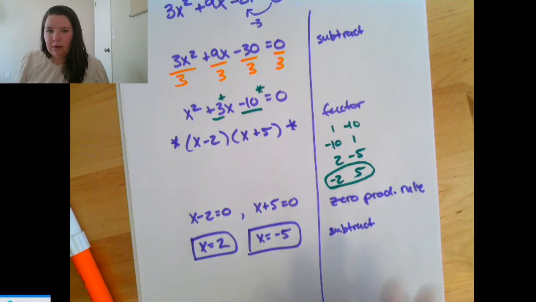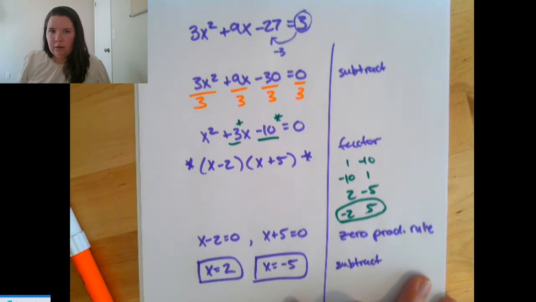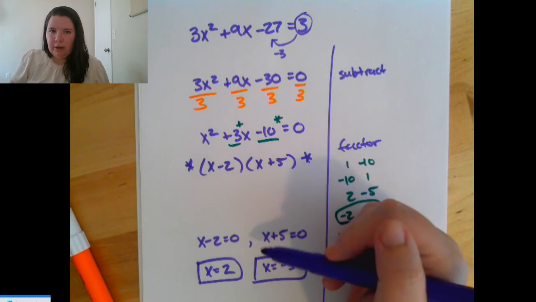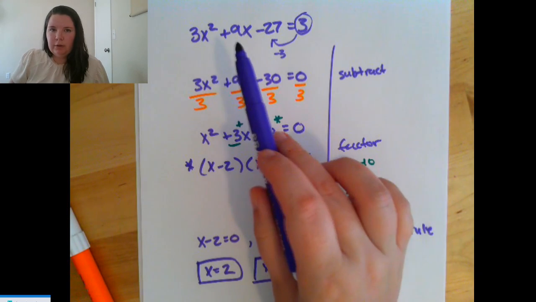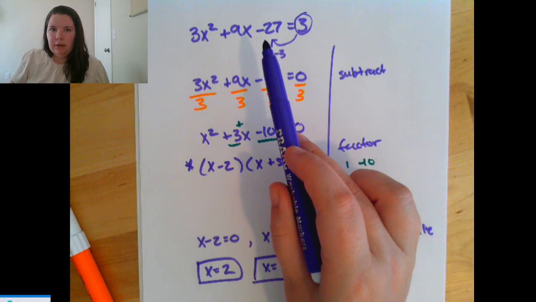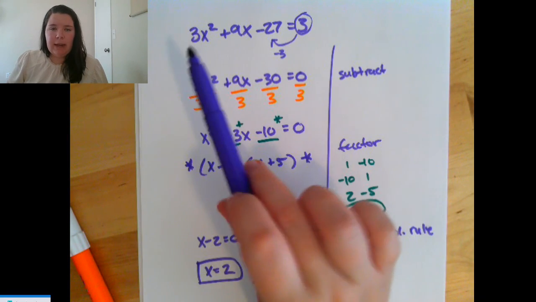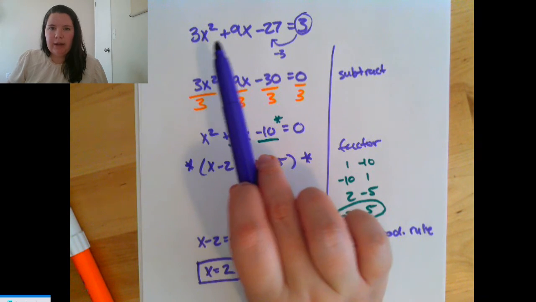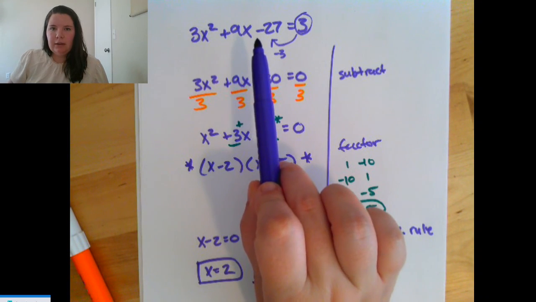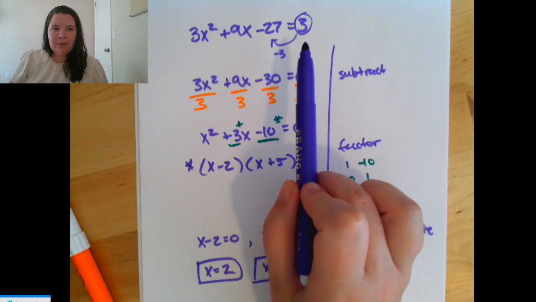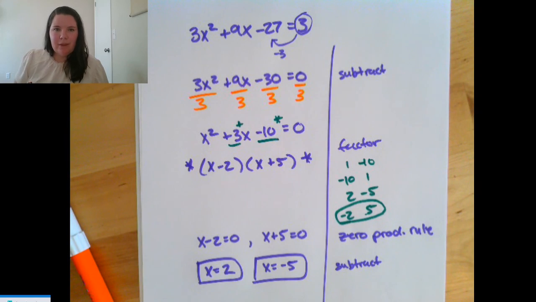There we are. So if I plug in 2 to all of my x's, I will get 3. Or if I plug in negative 5, each spot I see an x, I will also get 3. There we go. It's the magic of factored form.